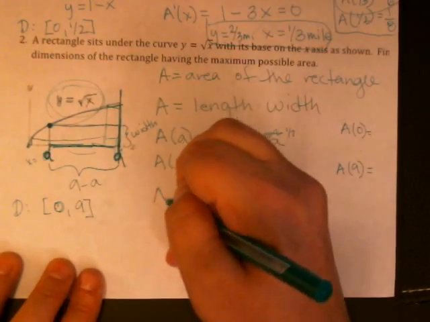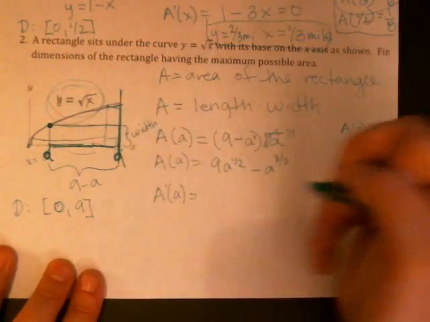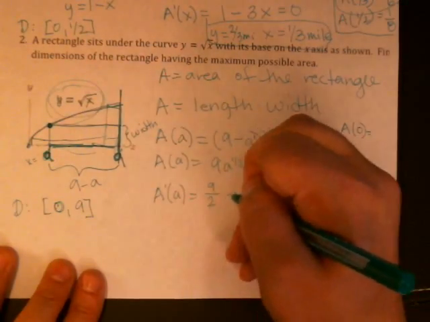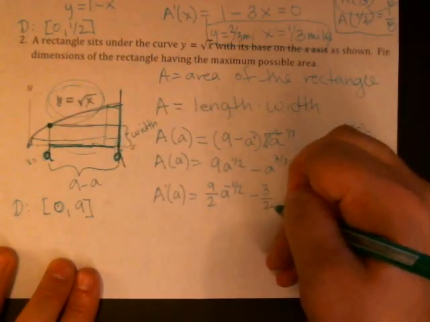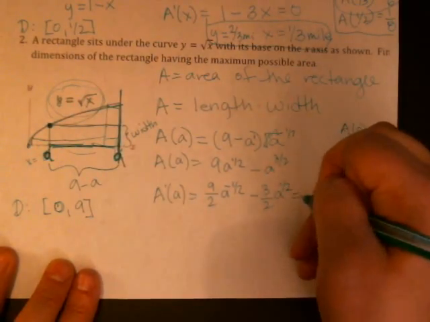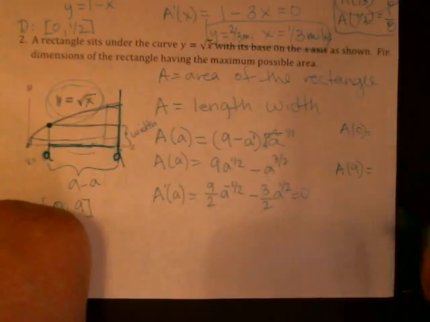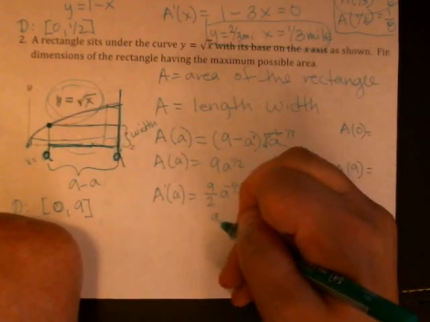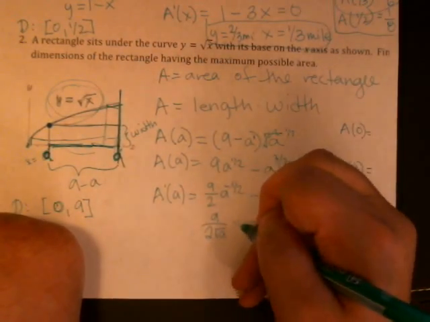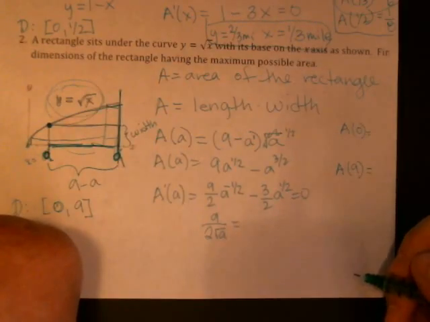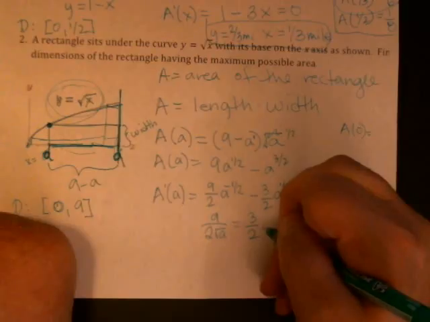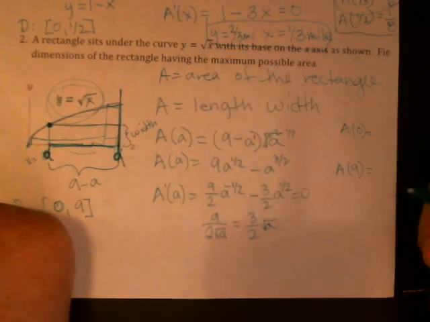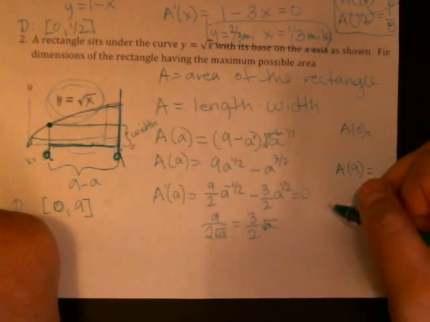So now I'm ready for a derivative. Find your critical values. So I get 9/2 a to the negative 1/2 minus 3/2 a to the positive 1/2 equals 0. So this is the same as 9/2 root a. You don't have to rewrite them as roots, but I think sometimes it's easier for people to see what happens. So I'm going to go ahead and move this to the other side. 3/2 square root of a.